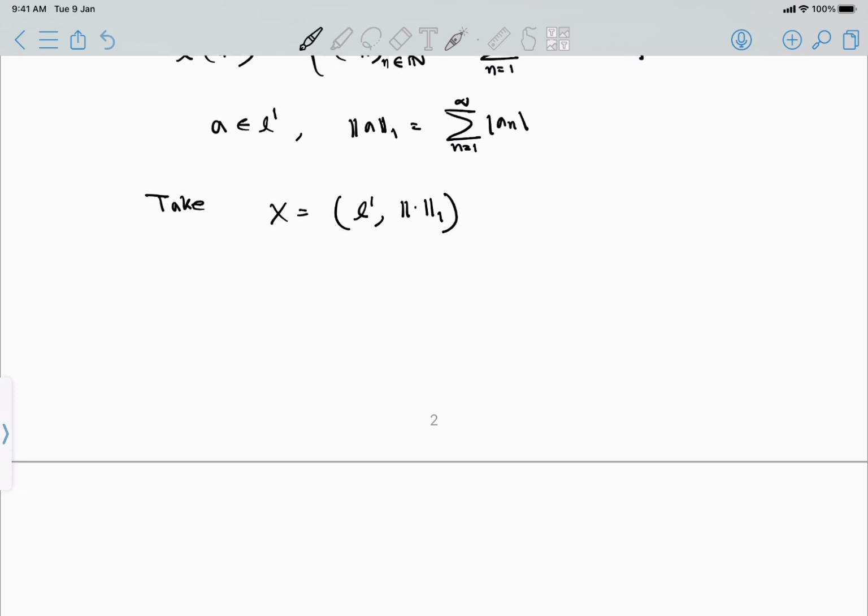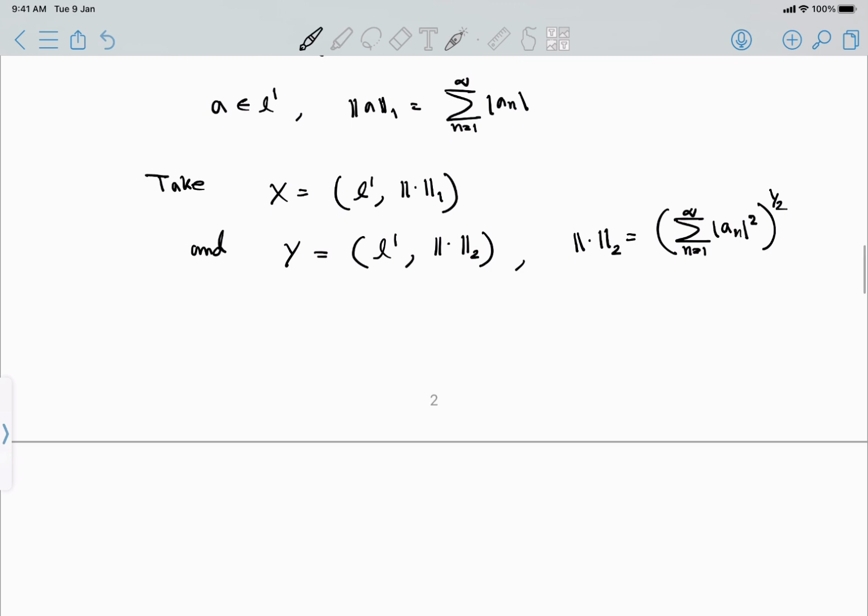And Y we define as another space. This is L1 with a different norm, the L2 norm. What is the L2 norm here? This is square summable: the sum from n equals 1 to infinity of mod a_n squared, to the power half. Now if a sequence is in L1, why will the L2 norm be finite? That we need to check. You can check that the L2 norm is less than the L1 norm.